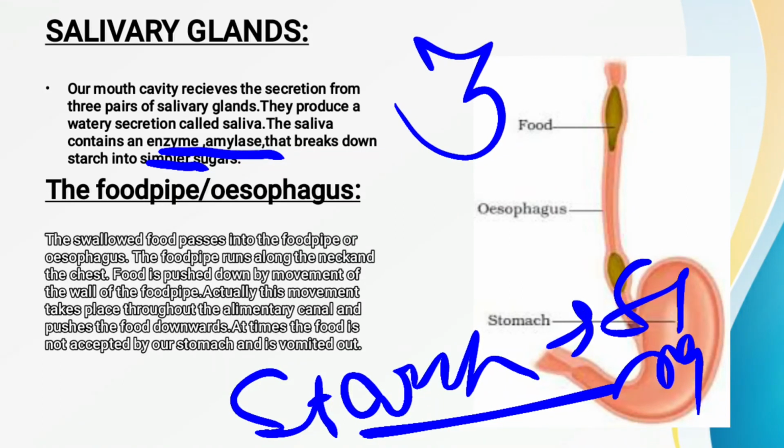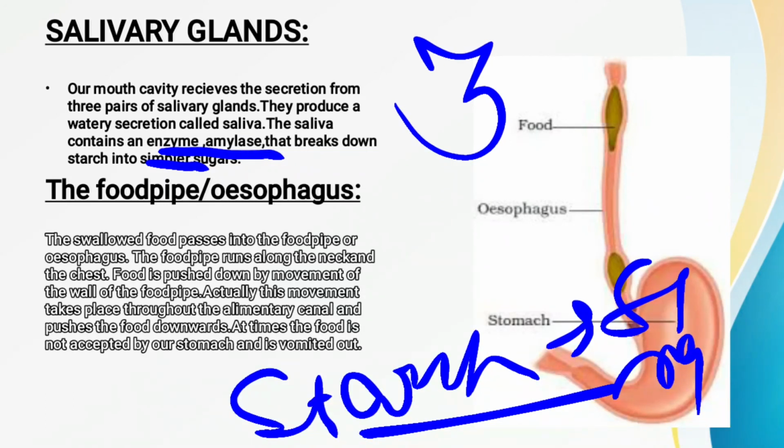Now the food is pushed down by the movement of the wall of the food pipe. Here you can see that when the food is pushed down into the stomach, there is also a kind of movement in this esophagus tube. Actually, this movement takes place throughout the alimentary canal.